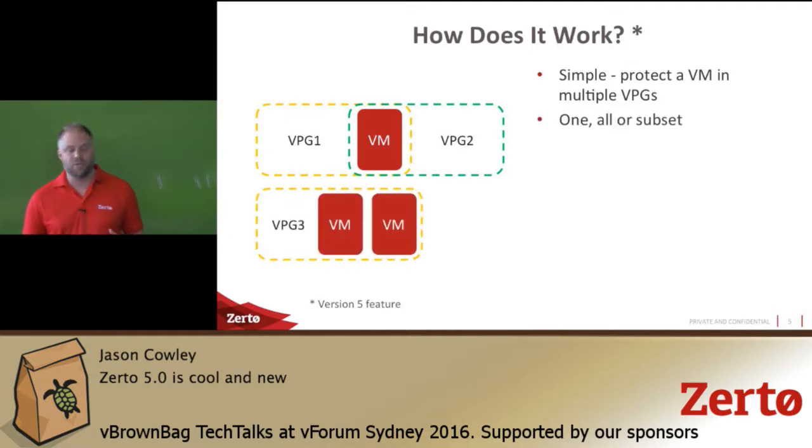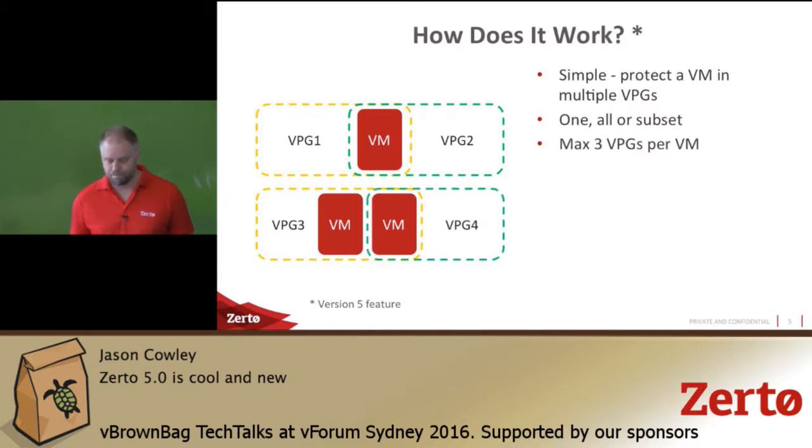So within a VPG, you can have one VM, you can have multiple virtual machines, or you can have a subset, and we can protect those all to multiple different locations. Currently we have a maximum of 3 VPGs per VM, but in the future we're looking to remove some of those constraints and provide a lot more capability surrounding that.